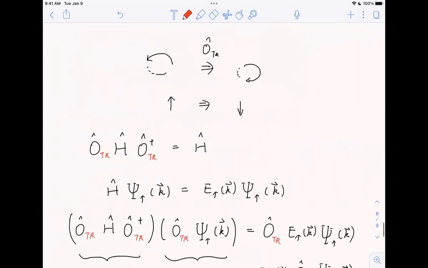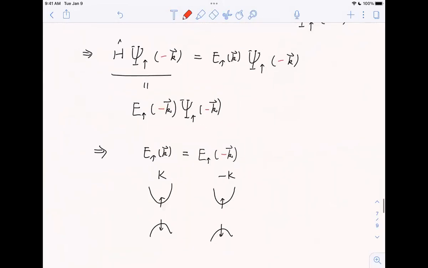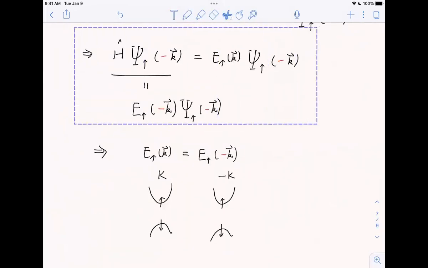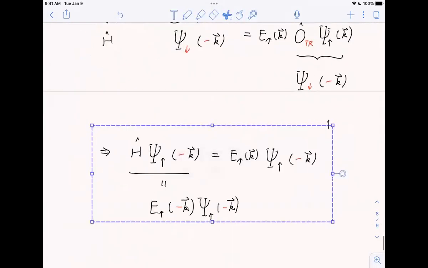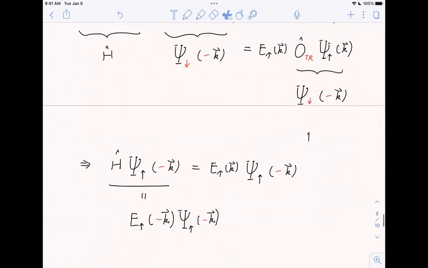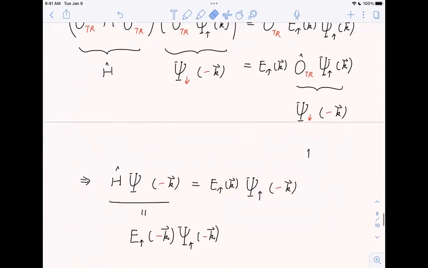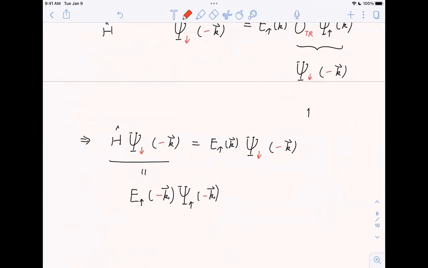Then you have this equation. Now this flips and goes down. So what is this? This is just spin down.